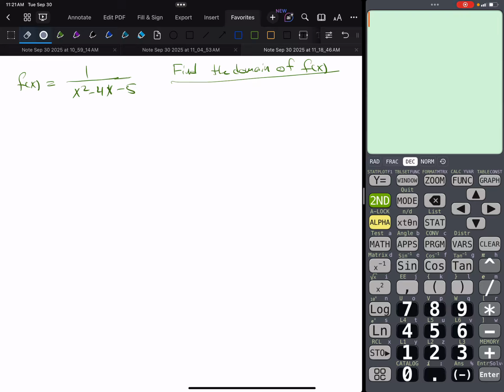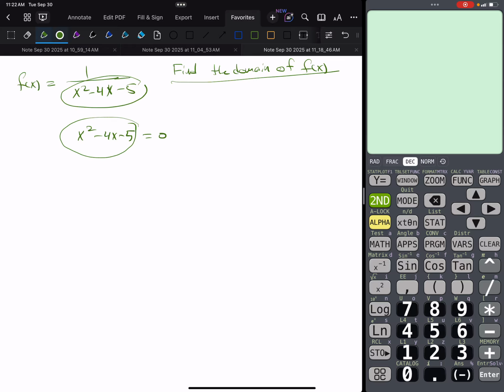What I want to do for now is take that denominator and find out all of the x values that could make that denominator equal 0. Well, that just means take the denominator, x squared minus 4x minus 5, set it equal to 0, and solve for x. Because setting this equal to 0 and solving for x lets me find all of the x values where this whole thing equals 0.